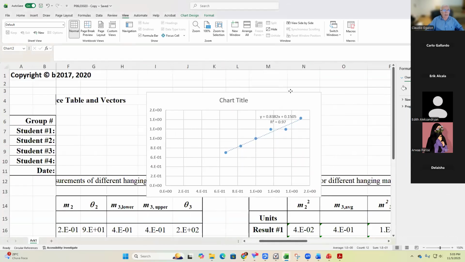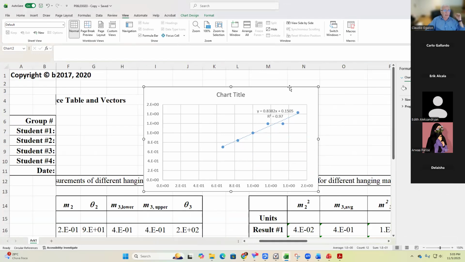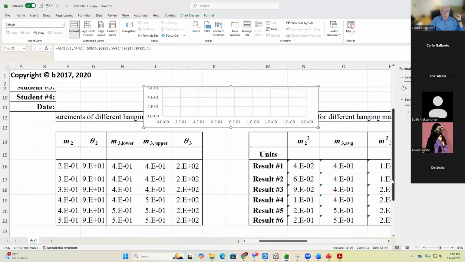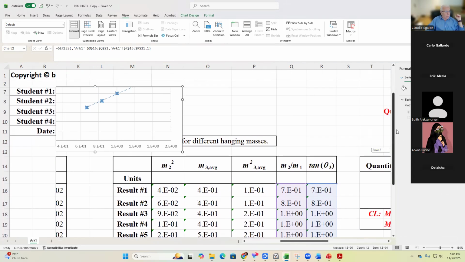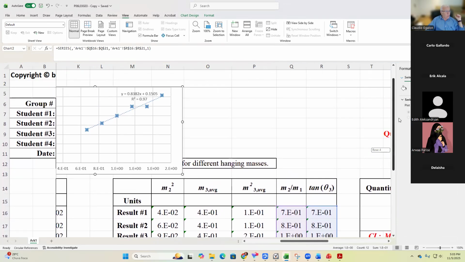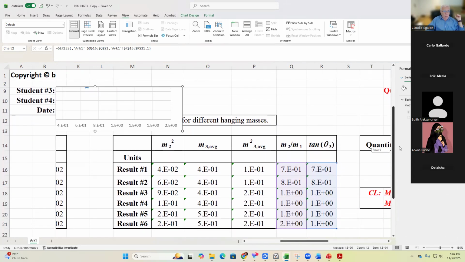I'm getting 0.8382. It's 16% difference for this specific data that I got. If we eliminate those two data points, let's see if we get a better slope. Sometimes we do this exercise just to see what is wrong with the data. I'm going to eliminate the last two.